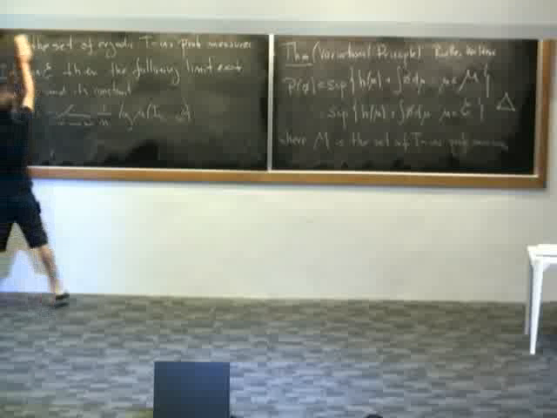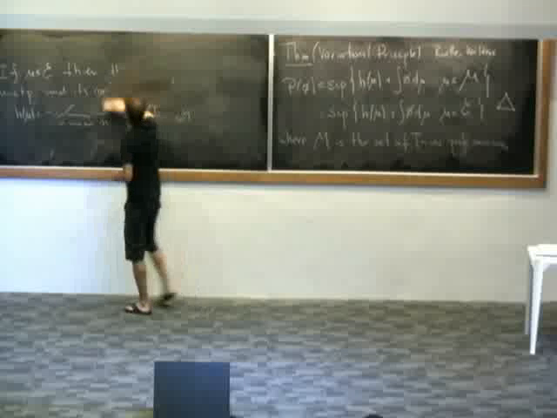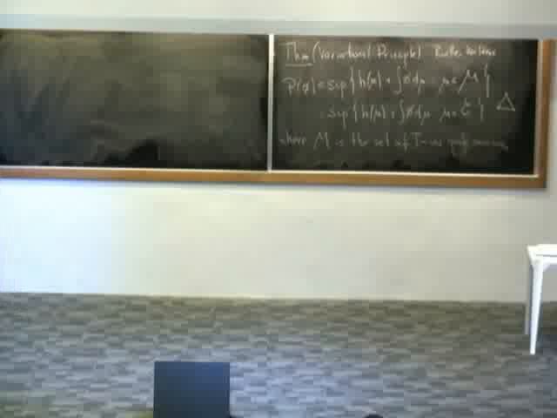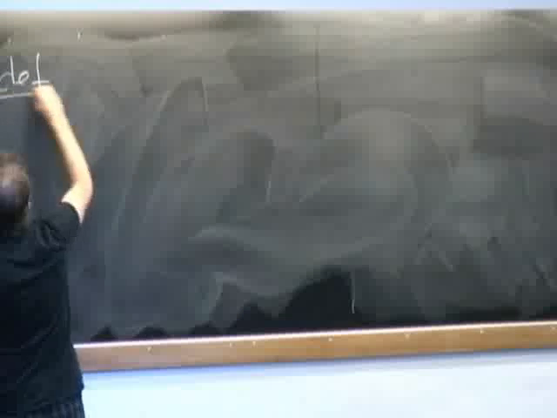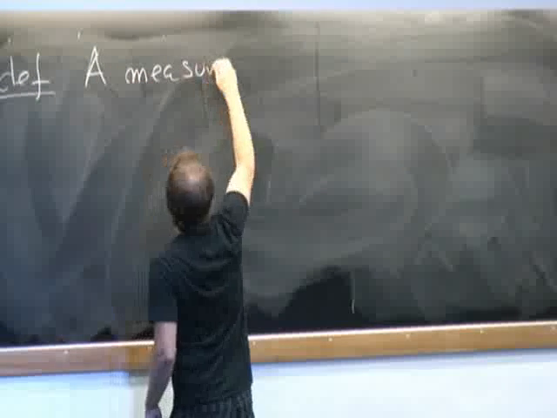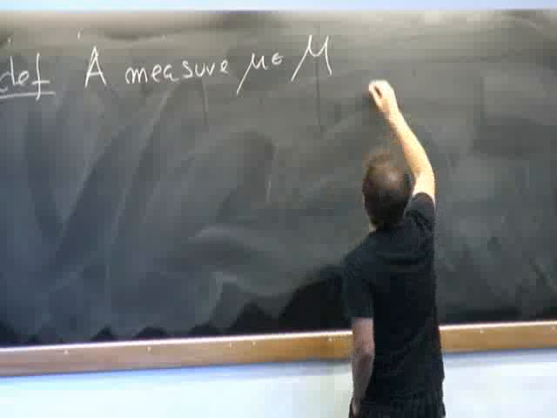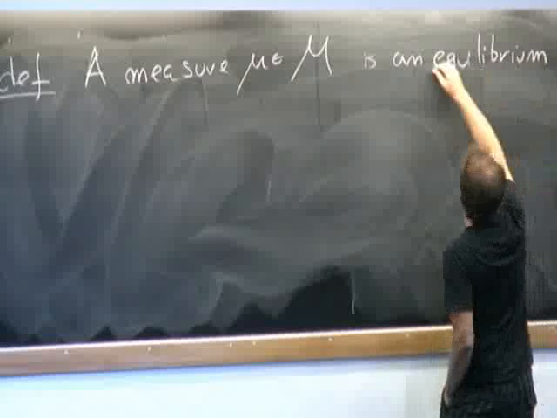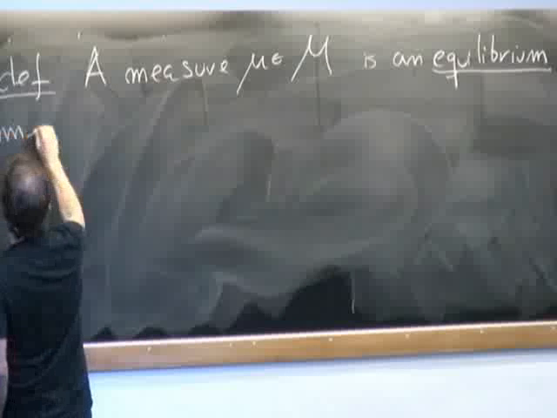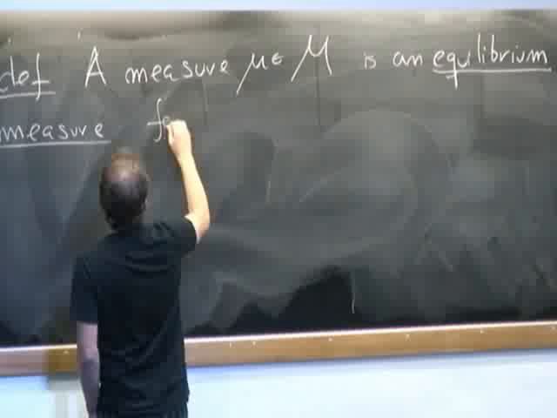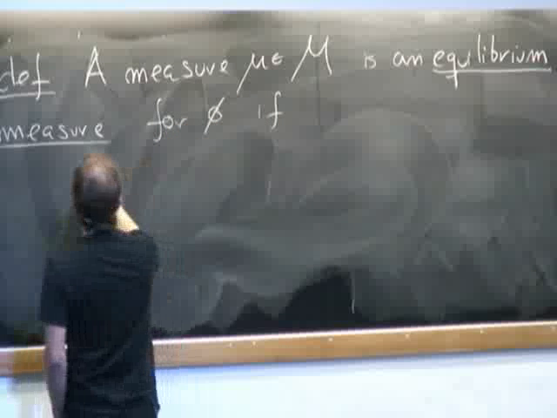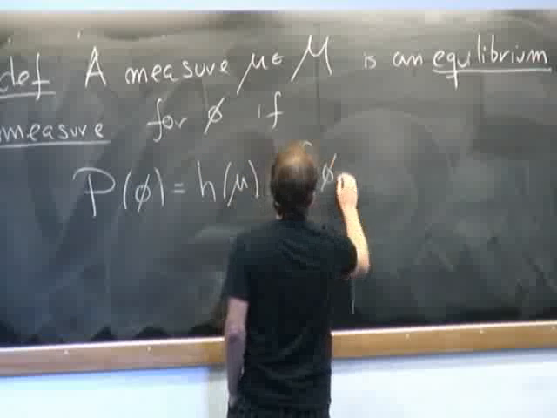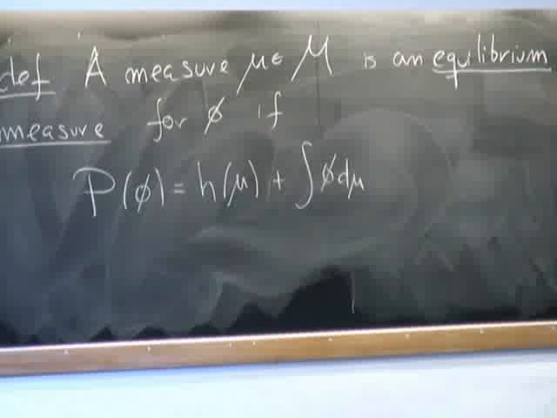You do it in the following way. A measure mu in M is an equilibrium measure for the potential of the function phi if the pressure of phi is actually this, meaning a measure that attains this supremum.